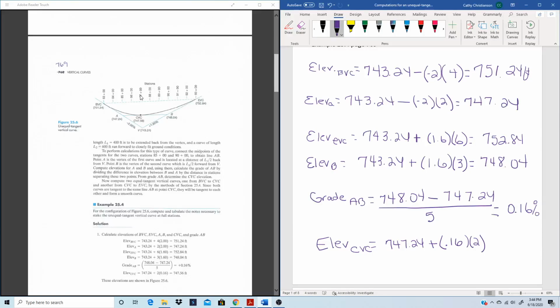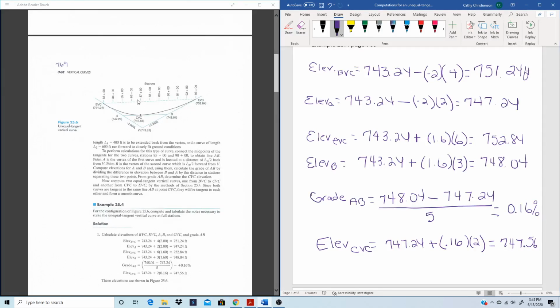So the distance between 85 and 87 would be 2 stations. So that elevation would be 747.56.